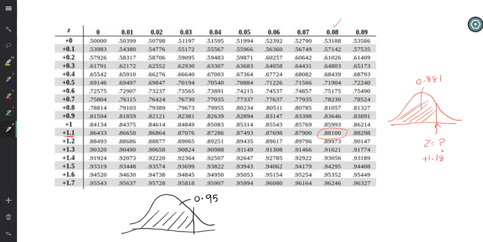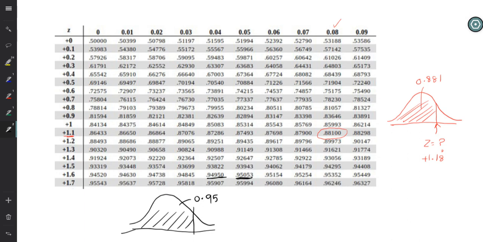So you have to find 0.95 in this bunch of numbers. You see that the exact value 0.95 is not there, but you can find the value which is closest to 0.95. The two values are 0.9495 and 0.9505. So which one is the closest?